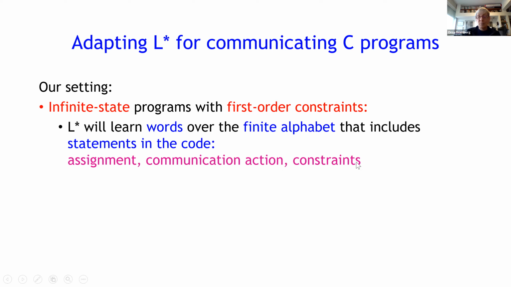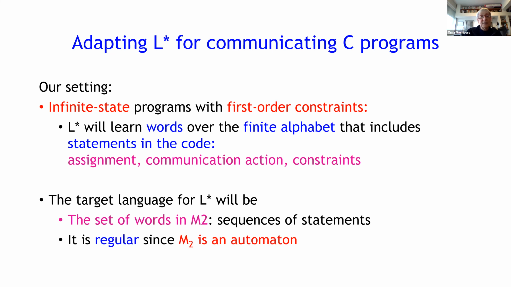Words over this alphabet represent a computation of the program. And the target of L-star will be the set of words in M2. M2 is regular since it is itself an automaton.